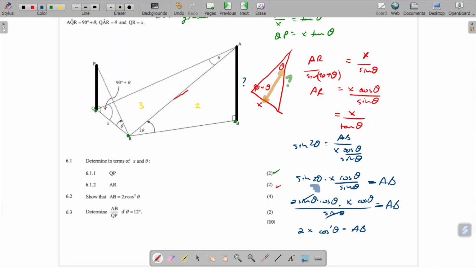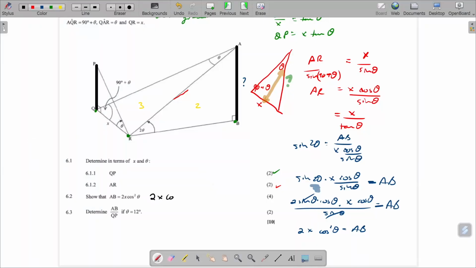AB over QP if theta equals 12. So let's just see if we've got enough information already, which I'm pretty sure we do, but let's go have a look. AB is 2x cos squared theta. QP we found earlier was x tan theta, and that equals AB, sorry, let's just fix that, AB over PQ.